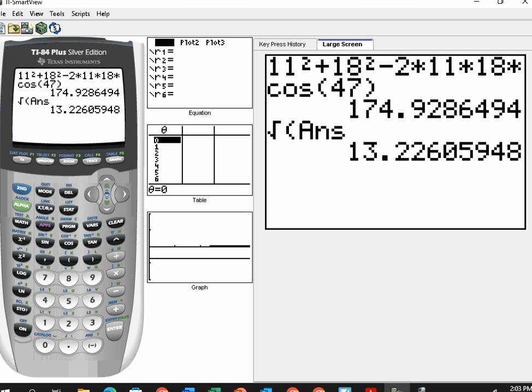So you do second and the little negative, the negative down here, see how it says ANS above it? You can also hit enter, but there are other times when you're going to want the answer. It's fine, there are multiple ways to do this.